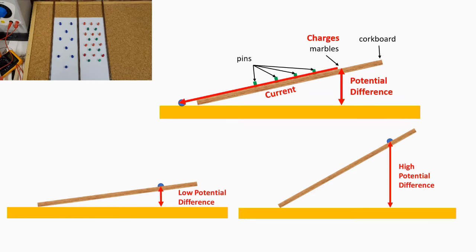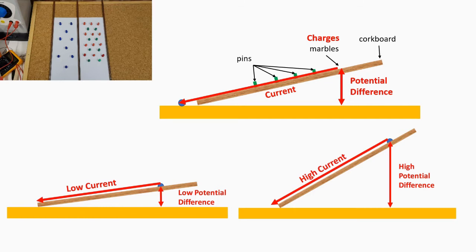We would get the marble slowly rolling down the ramp, which would represent a slow rate of flow of charge, or a low current. The marble would roll down the ramp much more quickly for the high potential difference ramp, representing a high rate of flow of charge, or a high current.